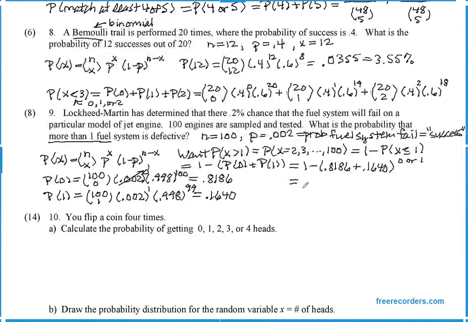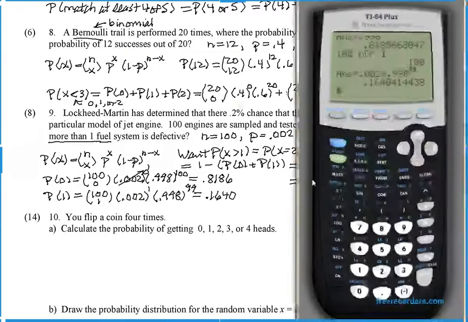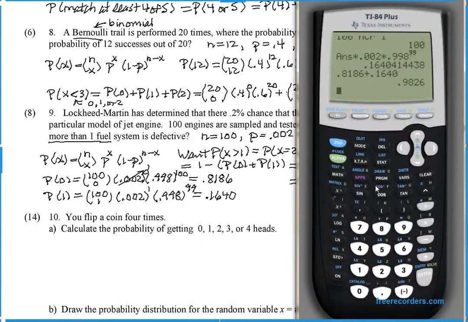And if you do the calculator work there, let's see what we get here. So 0.8186 plus 0.1640 is 0.9826, and I'm going to do 1 minus 0.9826, so 0.0174.